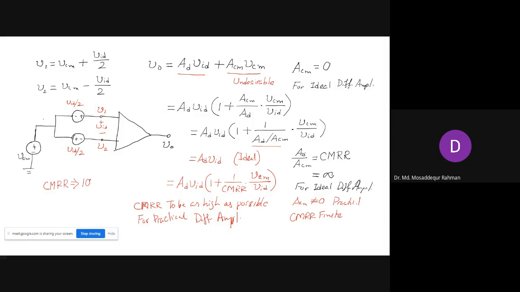Usually in the range of 10 to the power 5 to 10 to the power 6, right? If CMRR is in this range, then the differential amplifier is considered to be a good differential amplifier. Otherwise, the performance will not be optimum, and it is not a good differential amplifier, because the output will have a significant component coming from the common mode voltages.